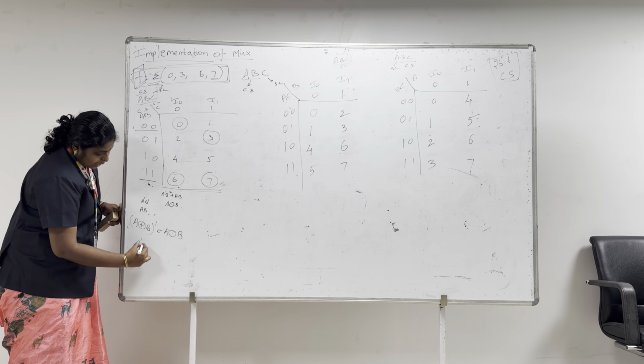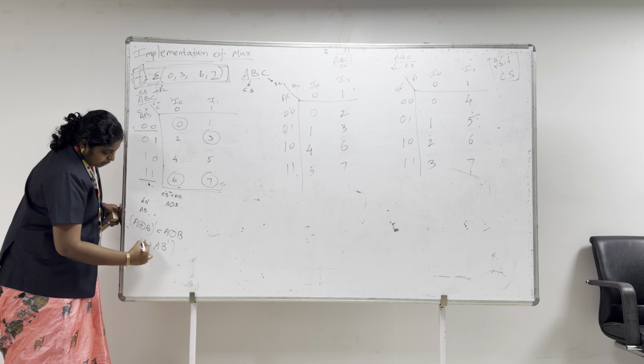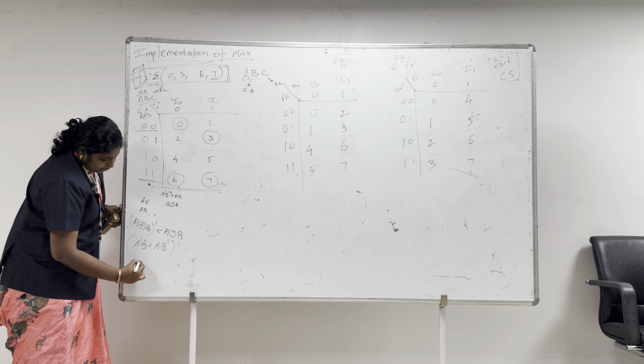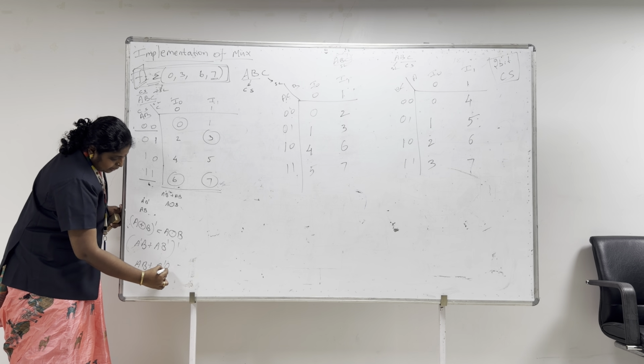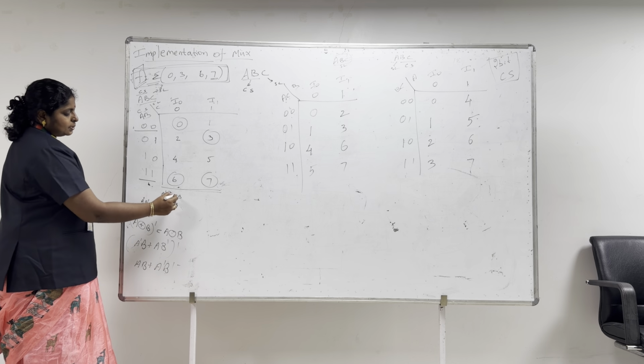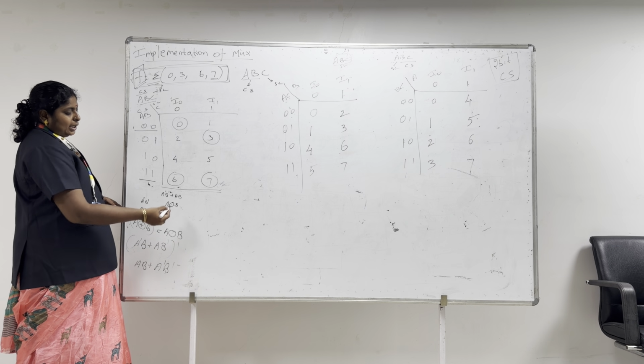XOR is A bar B plus A B bar. When you take the whole complement of it, it will become AB plus A bar B bar. So that is the expression we have got.